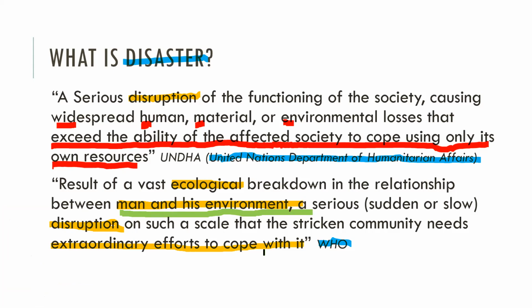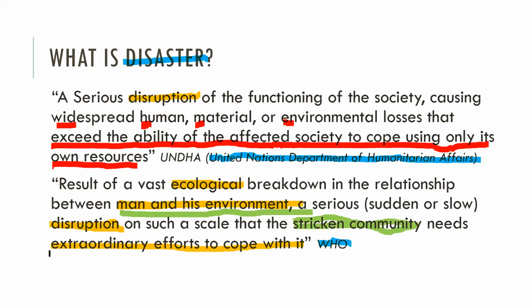There is going to be a breakdown, a failure in the relation between us and our surrounding environment. Okay? This failure in the relation between us and the surrounding environment will hit a community.